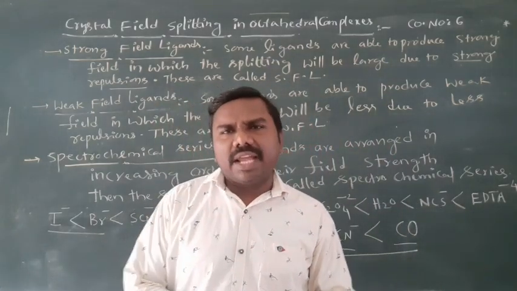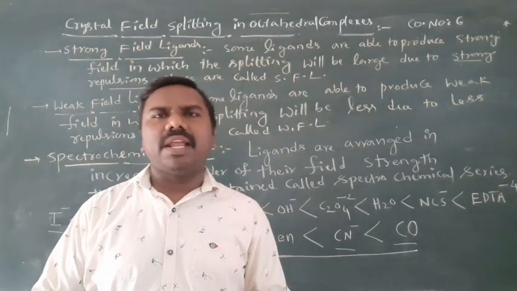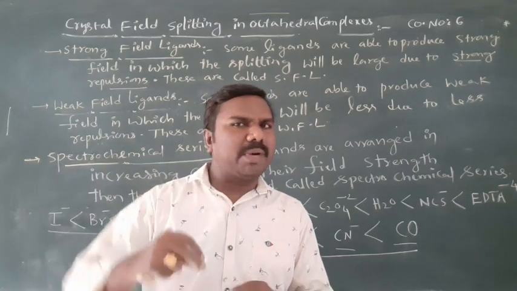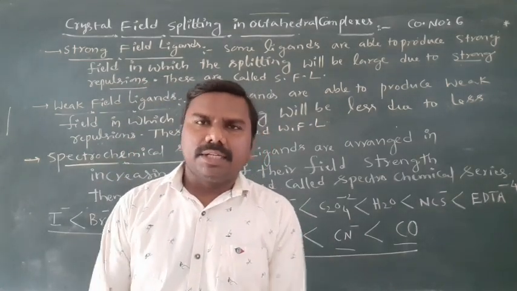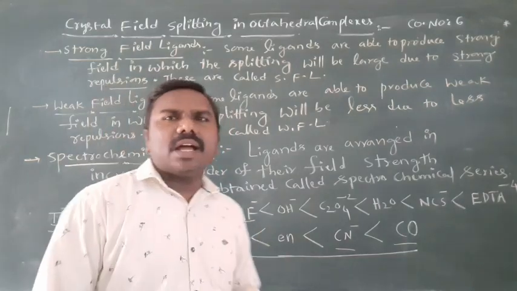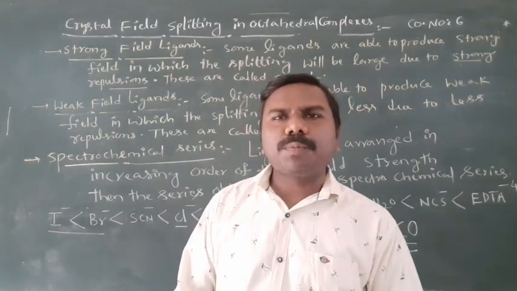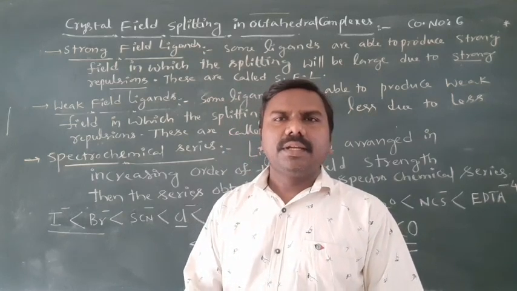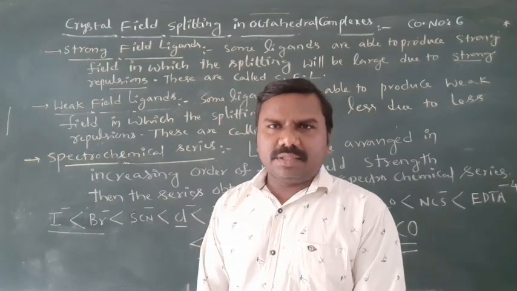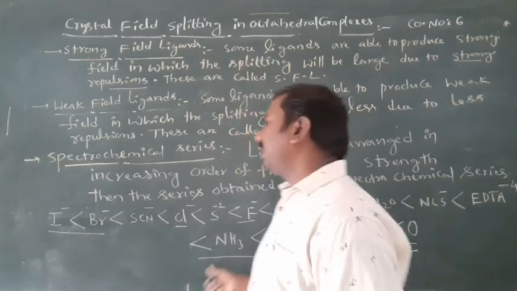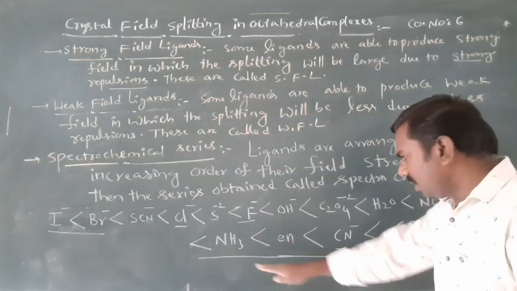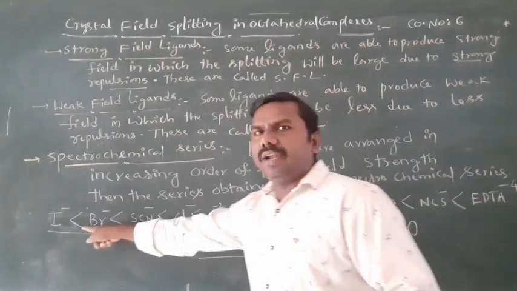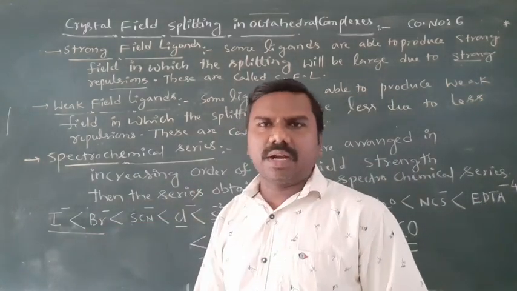The field strength is based on the nature of your ligand and the field produced by the ligand. And this data is given by the absorption of light by complexes in experiments. This is experimental data. By that only they have decided strong field ligands and weak field ligands, right?